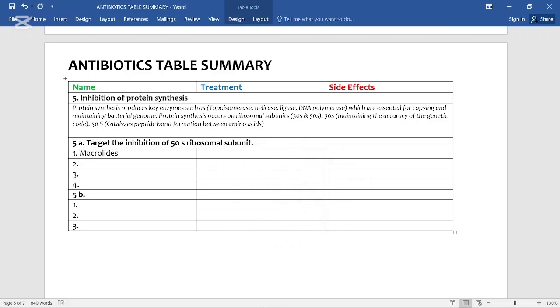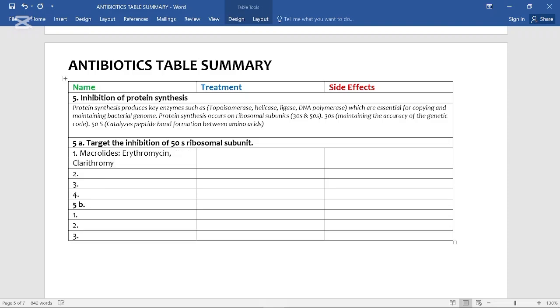Some of the drugs that belong to this group are the erythromycins: erythromycin, clarithromycin, and azithromycin. These are the major ones.